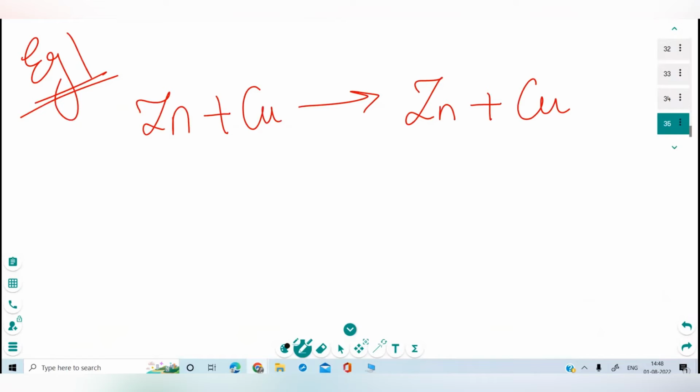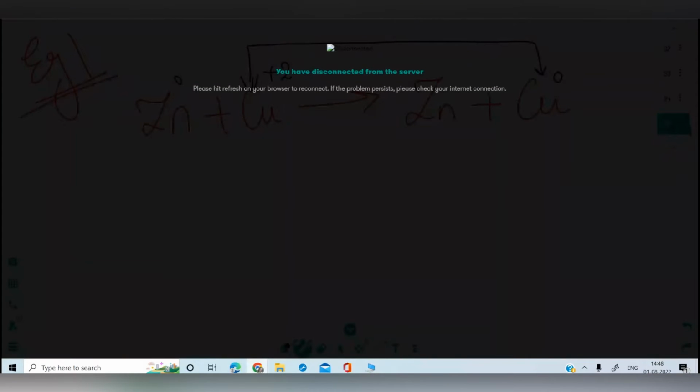Zn has no charge. This is plus 2. What happens? This will lose the electron. Which will lose the electron? This one. Why? Because it is becoming plus 2 to 0. That means oxidation number.